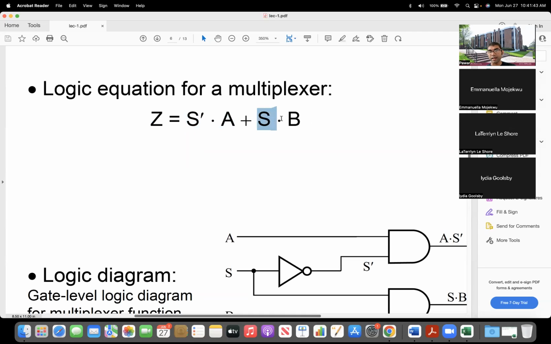Similarly, S dot B is an AND gate where you are multiplying S and B. Plus is addition, so it's an OR between this first half and the second half here.